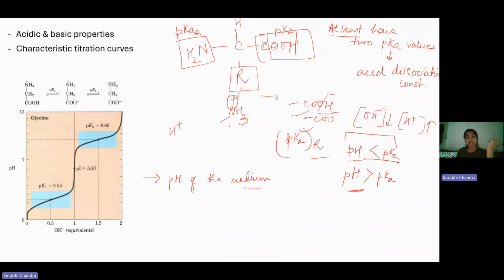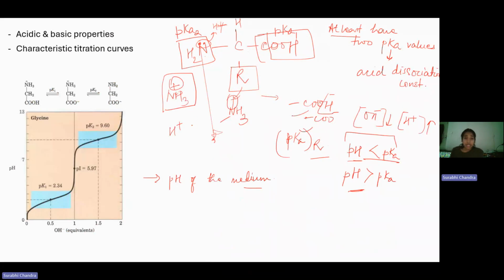But since H plus is abundant, the NH2 group here has a lone pair, so it can donate this lone pair to an H plus ion, forming NH3 plus.